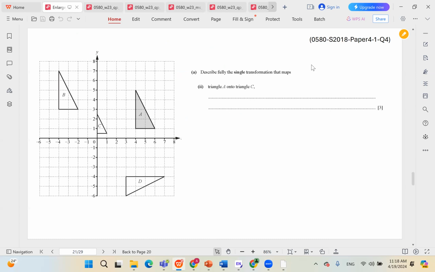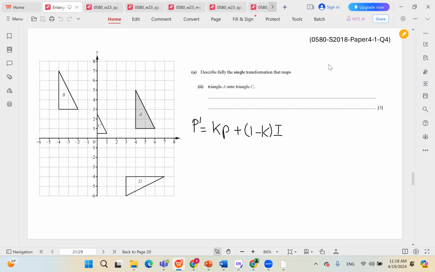Describe fully the single transformation that maps triangle A onto triangle C. So let's begin again with the original method. We have P dash equals KP plus 1 minus K times I. First of all, we want to figure out the K. We're going from A to C and they have the same orientation.